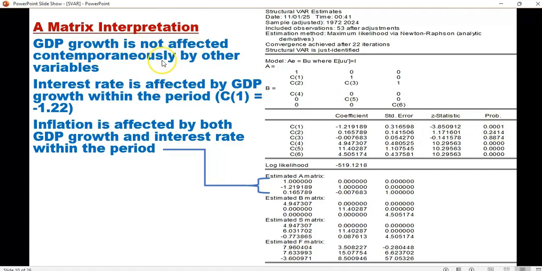You see GDP growth is not affected comparatively by other variables, but interest rate is affected by GDP growth within the period. C1 is approximately minus 1.22. The inflation is affected by both GDP growth and interest rate within the period.